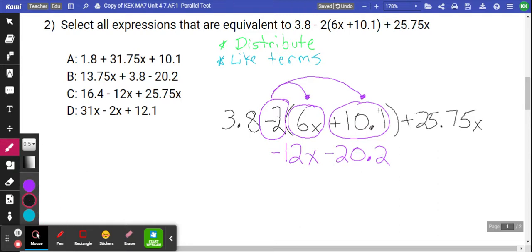So we have simplified our distributive part, but now we need to bring down the rest of the problem. So I bring down my 3.8. I've already taken care of the distributive property, so that got rid of our parentheses. We have negative 12x minus 20.2. And then I bring down my plus 25.75x.